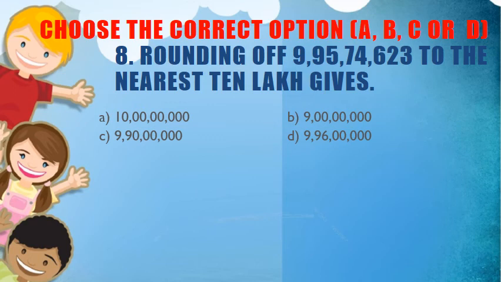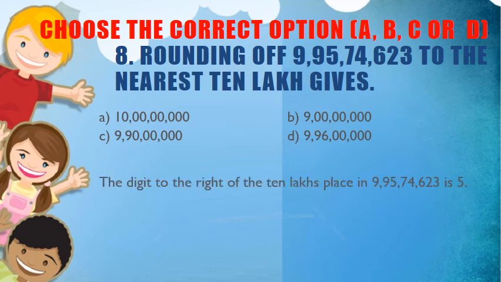So children, in this number 9 crore 95 lakh 74,623, the digit at the rounding off place, which is the 10 lakh place, is 9. And children, the digit to the right of the 10 lakhs place in 9 crore 95 lakh 74,623 is 5. And children, 5 is equal to 5. Therefore, what we are going to do?